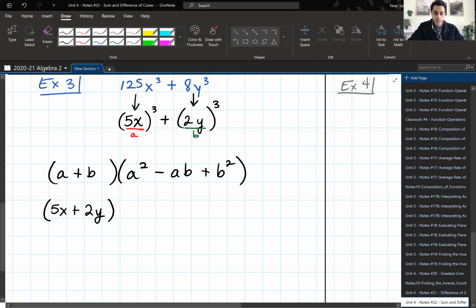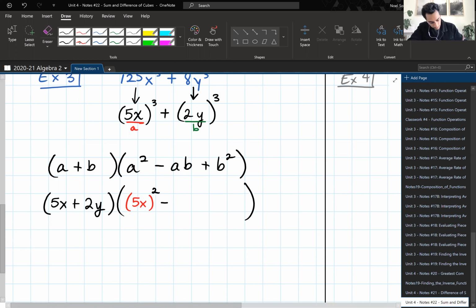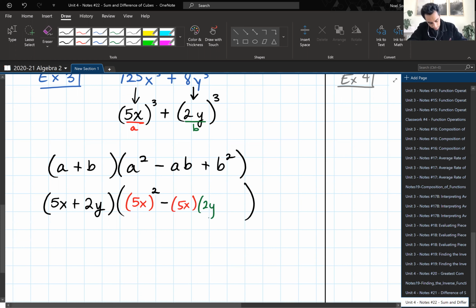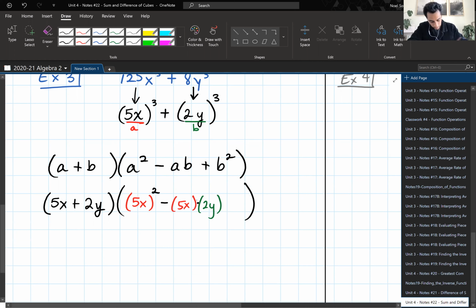So that's my first term. Second term, parentheses, 5x, and then I'm going to square that. A is 5x, so we use the whole thing and then we square that. Minus a, which is 5x, times b, which is 2y. So that's always going to be a product. It's a product of the two terms.